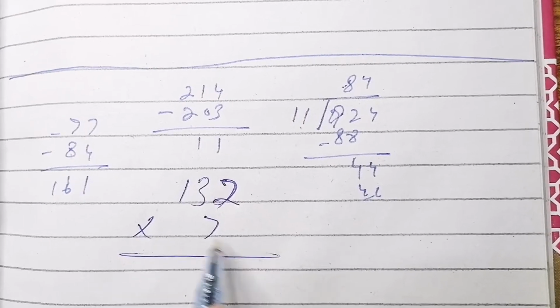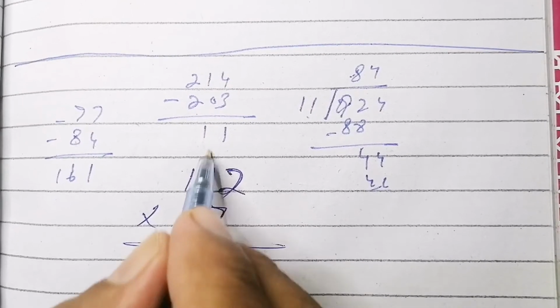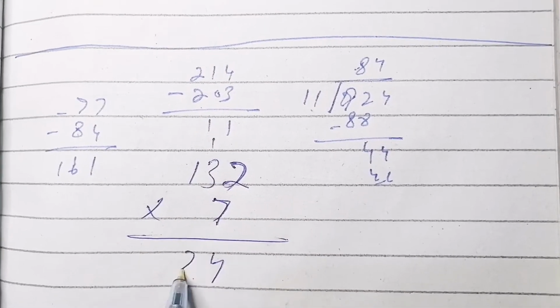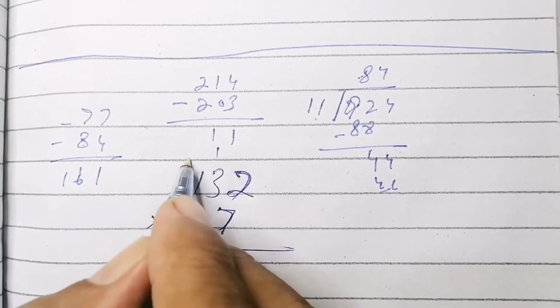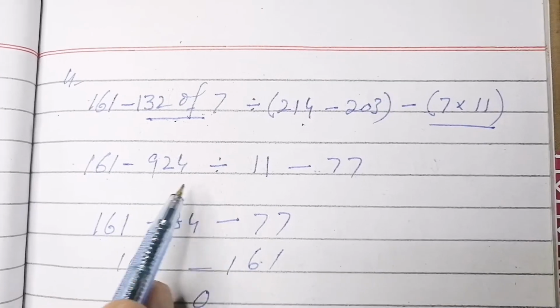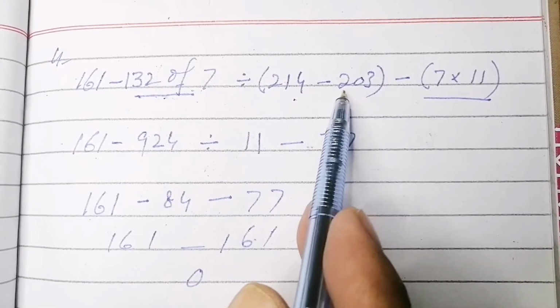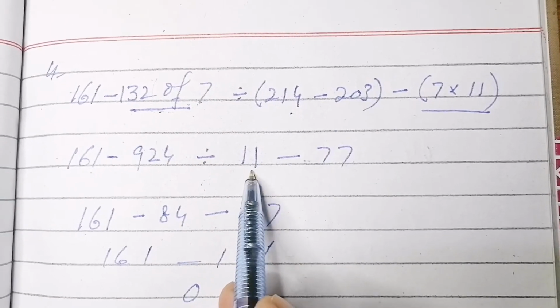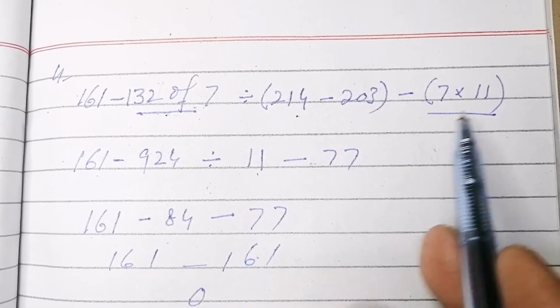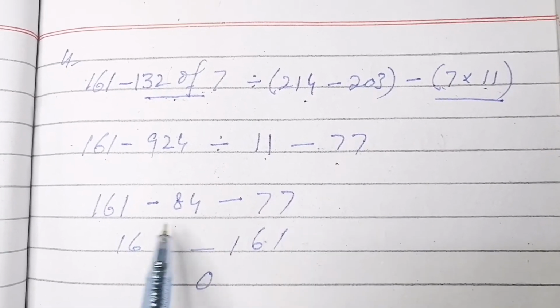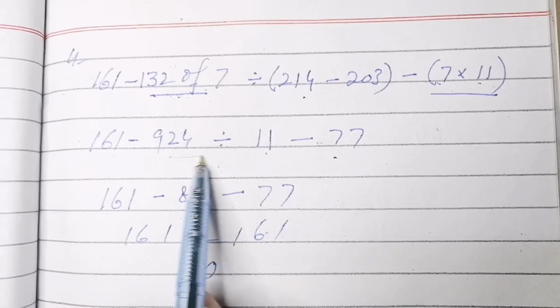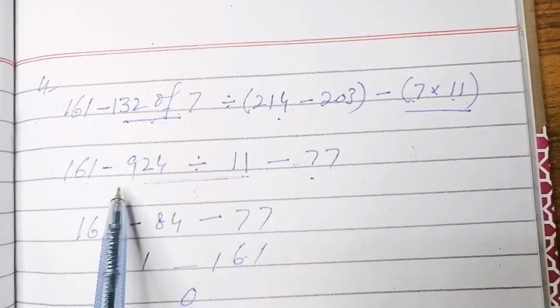132 multiplied by 7, right? 7 2s are 14, 1 carry, 21, 22, 7 1s are 7 plus 2 is 9, so we have 924 here. 924 divided by, you solve the bracket, 214 minus 203 you get 11, and then minus 11 7s are 77. Now we will divide, right?